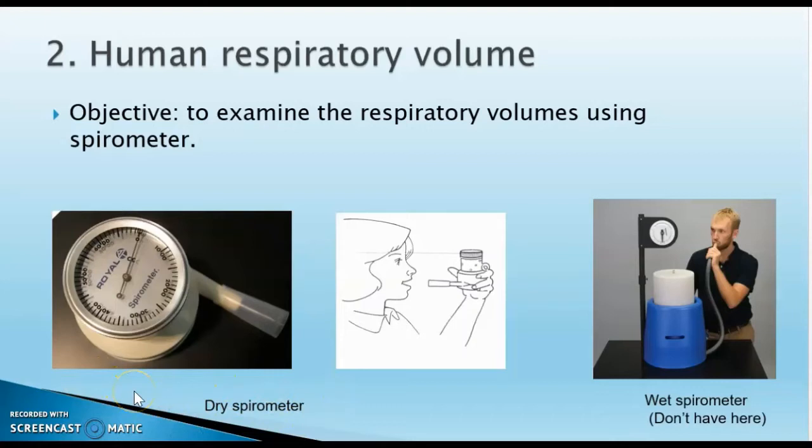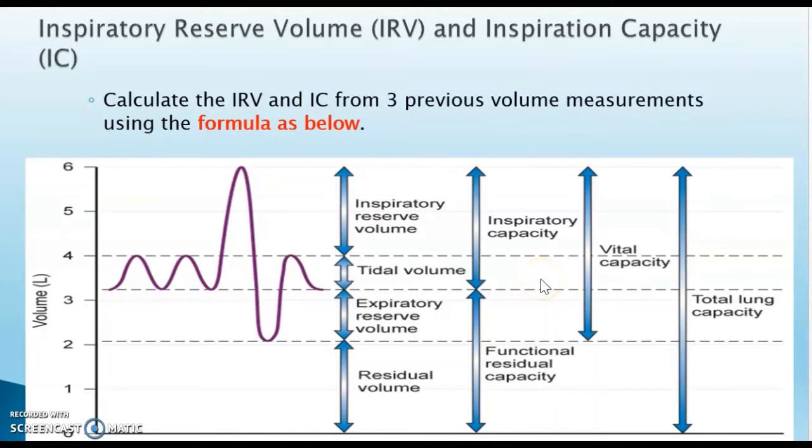The outlook of the dry spirometer is as shown in this picture. The dry spirometer could be used to measure three different types of human respiratory volume. The first is the tidal volume.